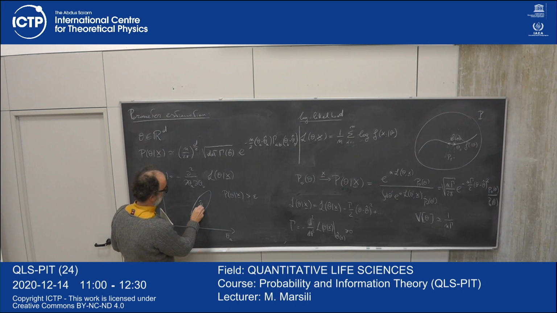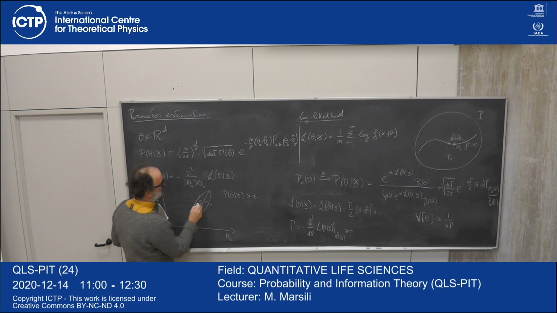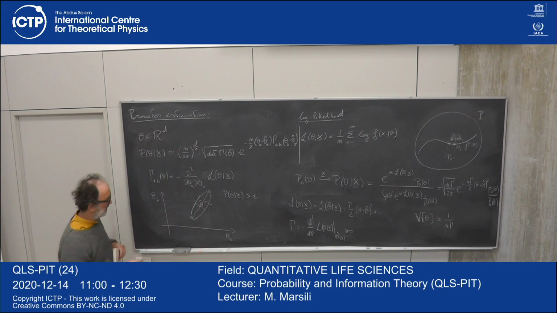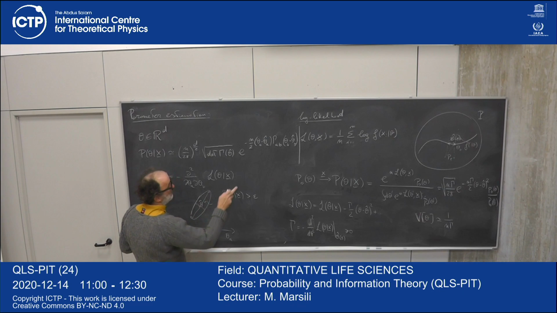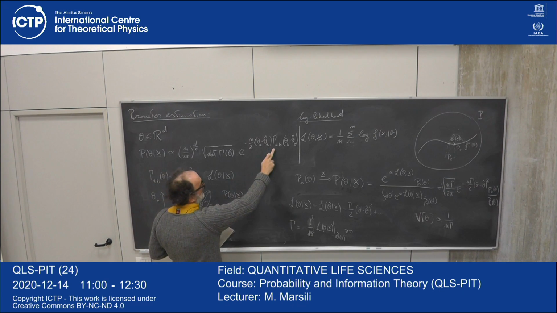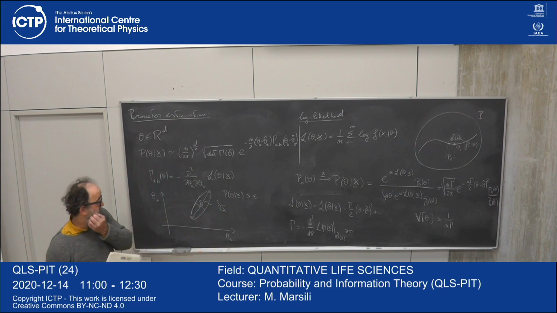Where essentially the axis of this ellipsoid will have an extension which is proportional to 1 over the eigenvalues of the matrix gamma. Okay.